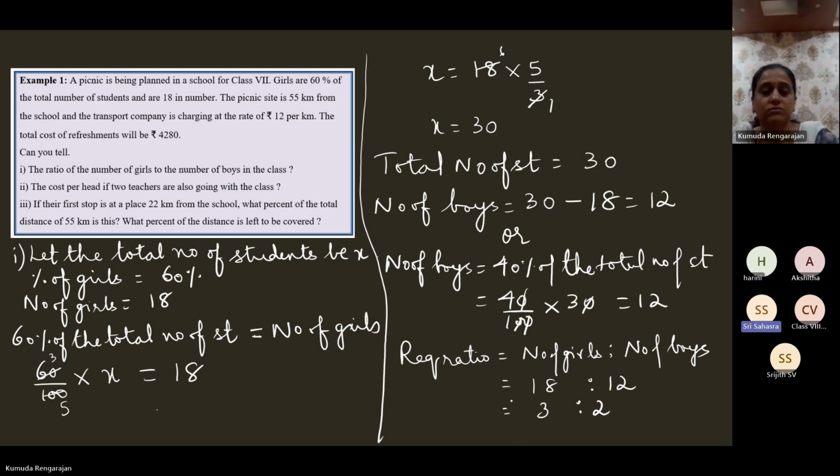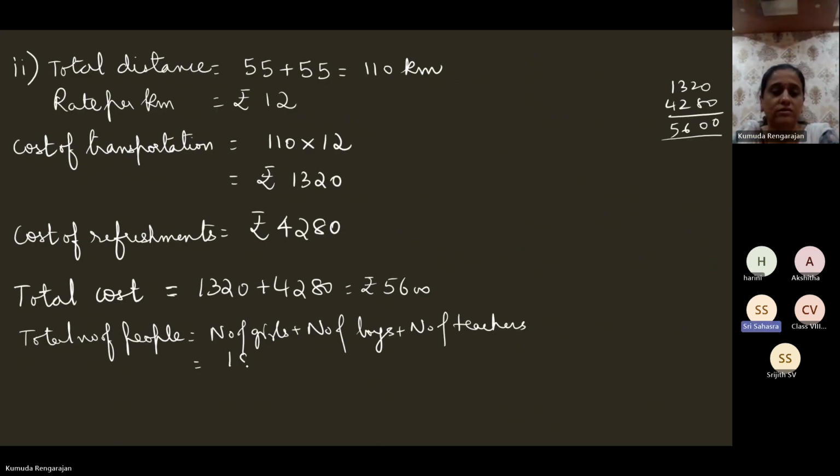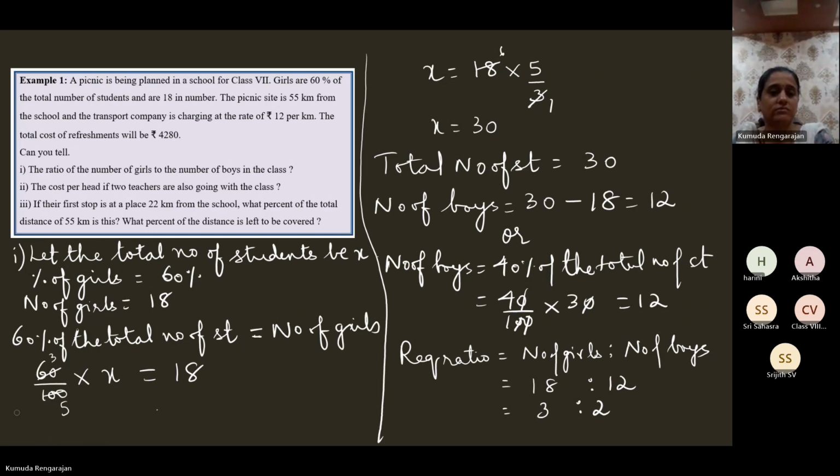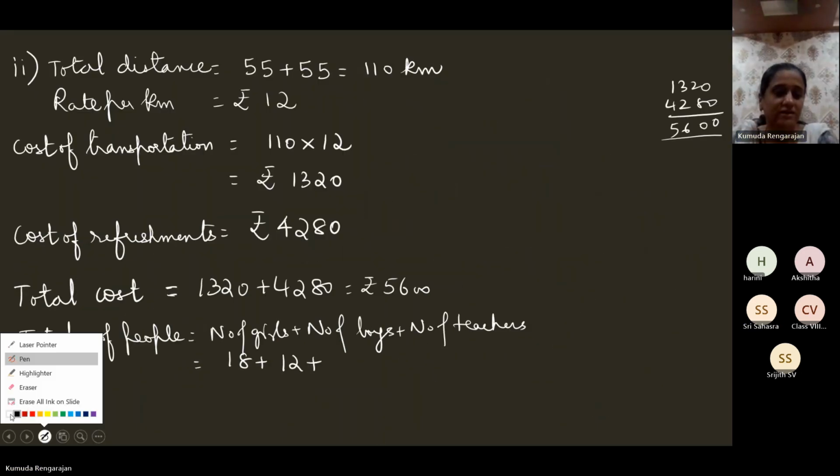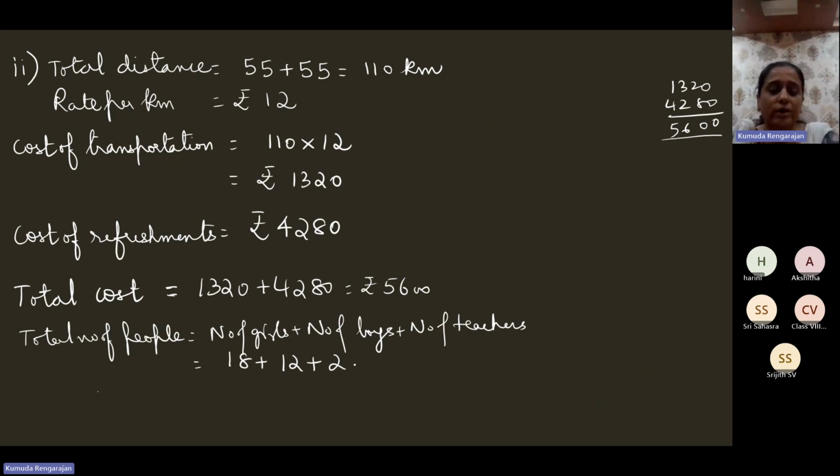Oh, 18. How many boys? 12. And how many teachers are joining them? 2 teachers. Okay. So 18 plus 12 plus 2, that is 32.